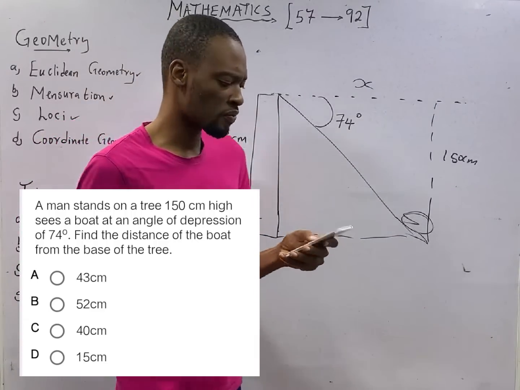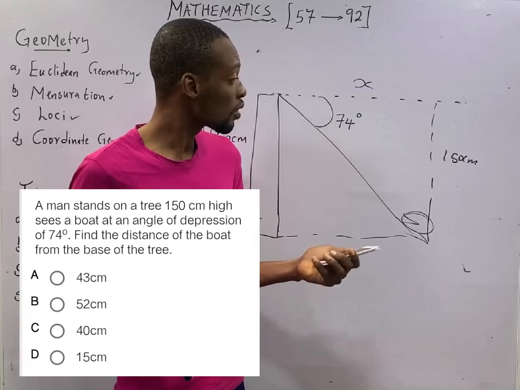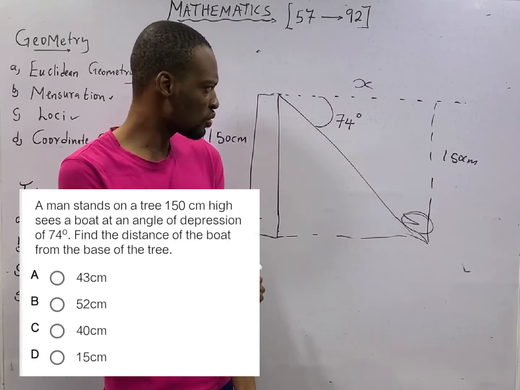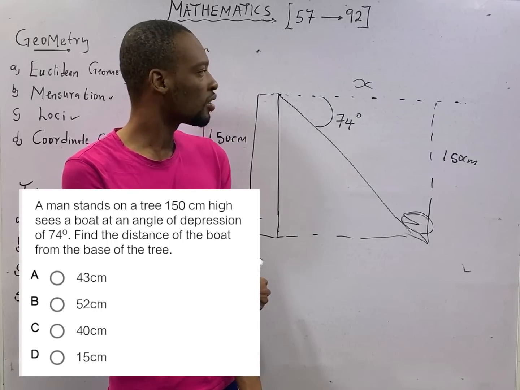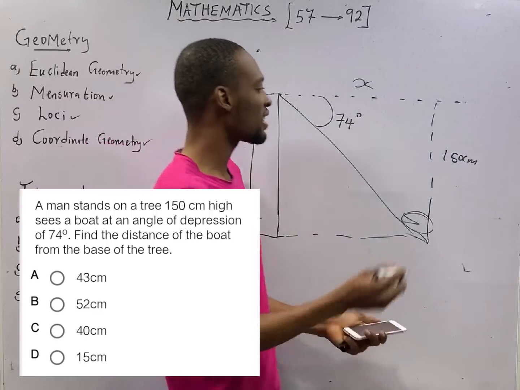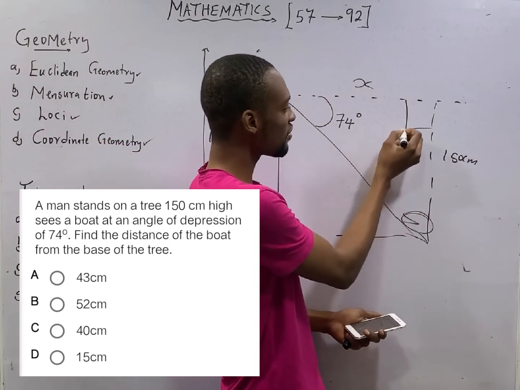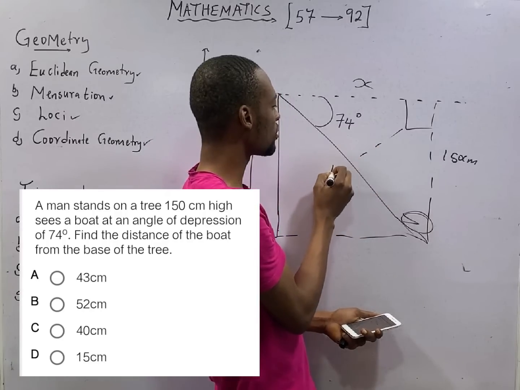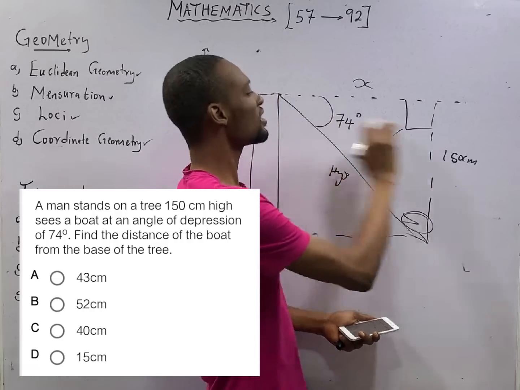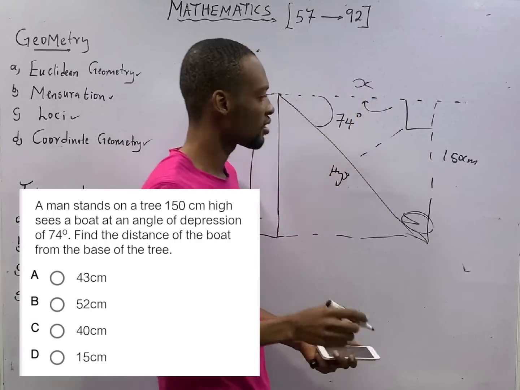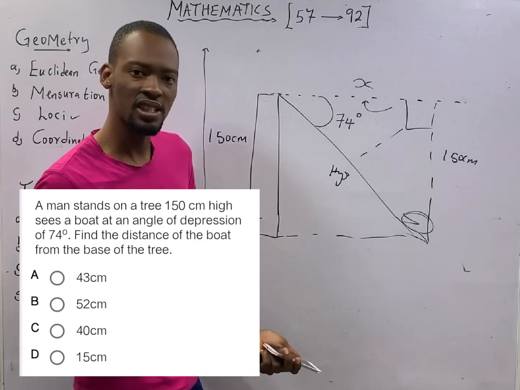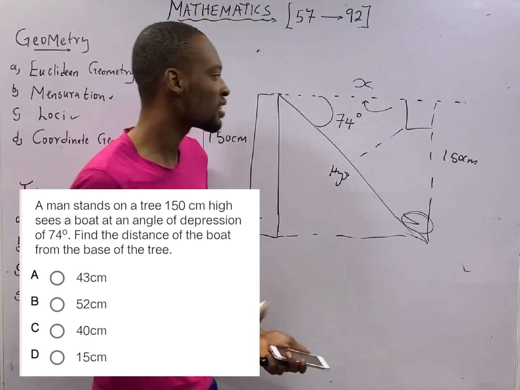From this question, we have opposite, we have adjacent. Here is your right angle. So any side facing this right angle is your hypotenuse. And the side facing the acute angle is your opposite. Here is your adjacent. Tan theta will work in this case. Tan theta is opposite over adjacent.